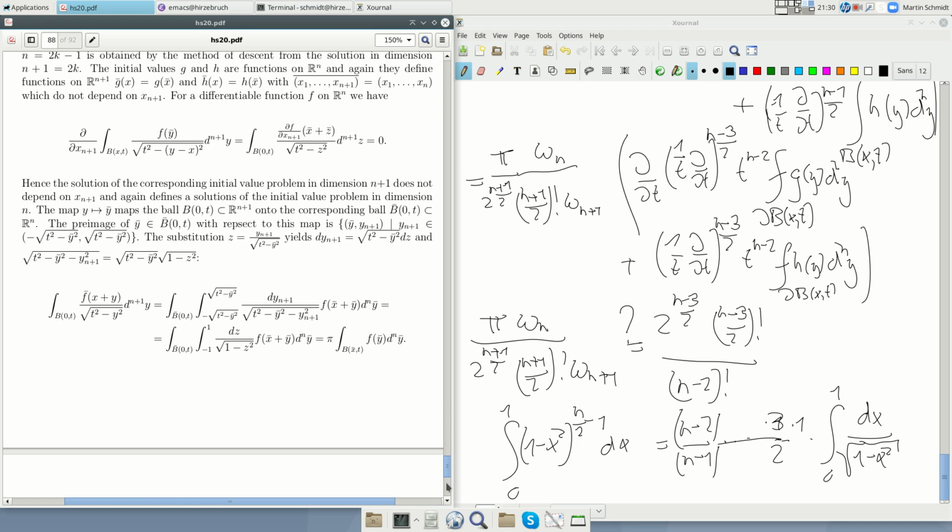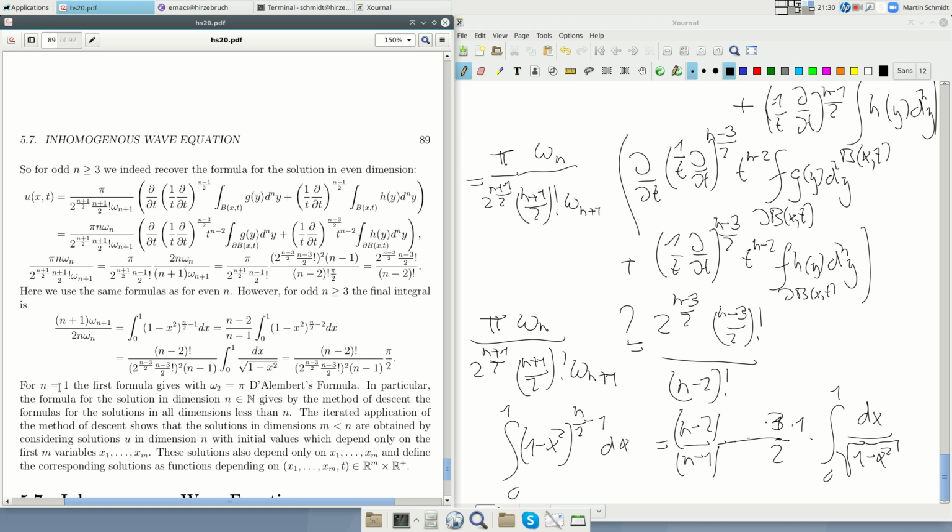And maybe here for even, this even works to go down to the dimension n equals 1. But then one should use this first formula, because otherwise this would become negative exponents.